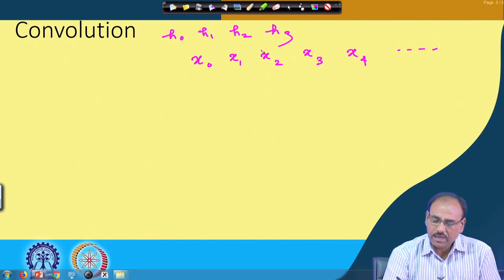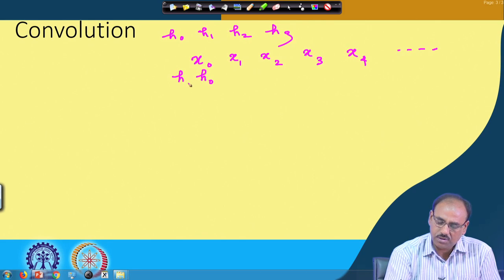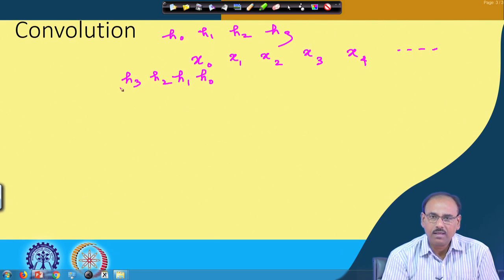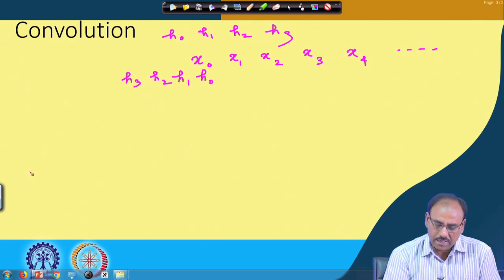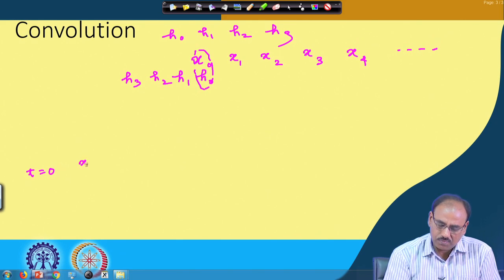For computation, I just flip it. So at t equal to 0, my impulse response is put like this: h0, h1, h2 and h3. That gives you at time t equal to 0 the output x0 times h0.